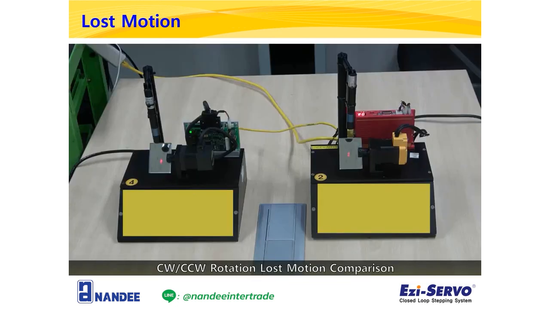I'll show you a demonstration video with the same demonstration you just saw. The difference from position accuracy we saw earlier is that the motor rotates alternately in clockwise and counterclockwise directions by 360 degrees. That is, in the case of lost motion, direction has to be changed.